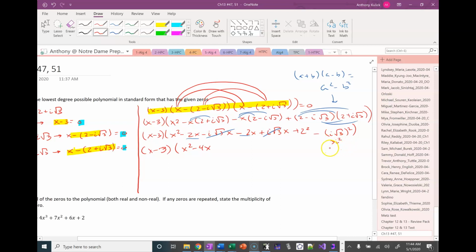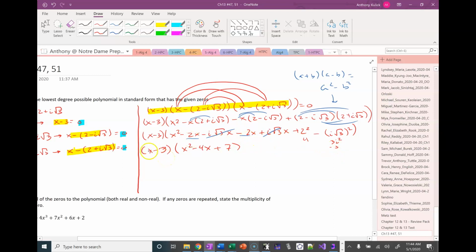And I know that i squared is negative 1, so I have really 3 times negative 1, or negative 3. And then I have a negative of a negative, so that's really plus. So I have a plus 3 there. Oops, but I forgot about this 4 there also. So 2 squared is 4, and then minus a negative 3 is 7.